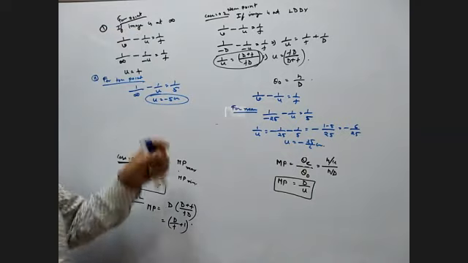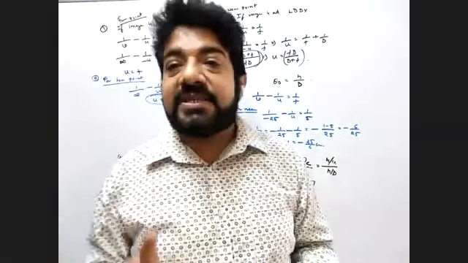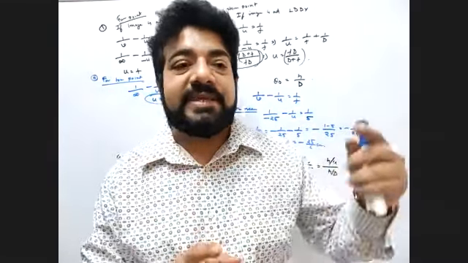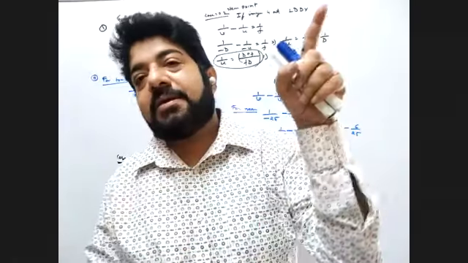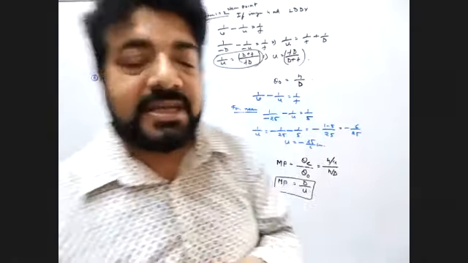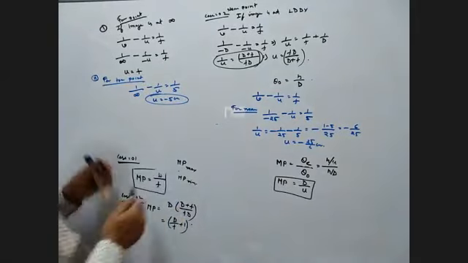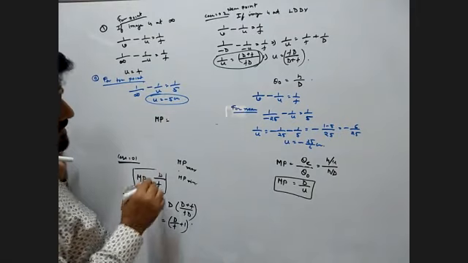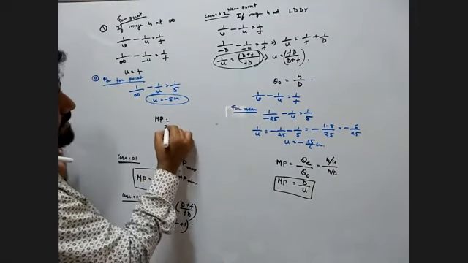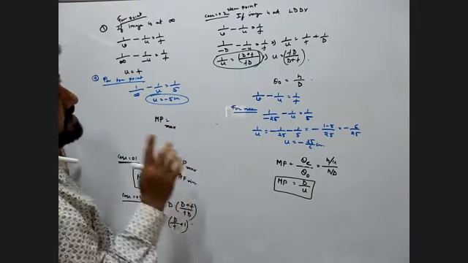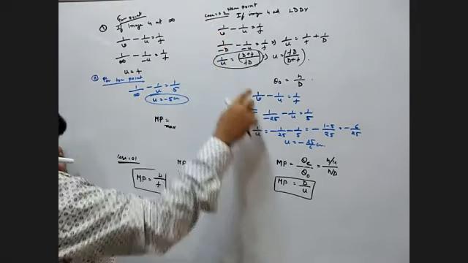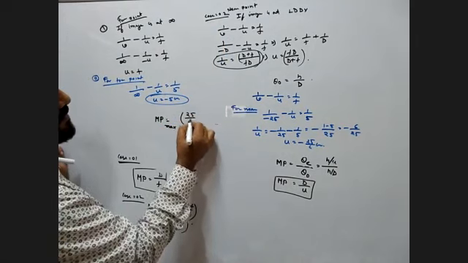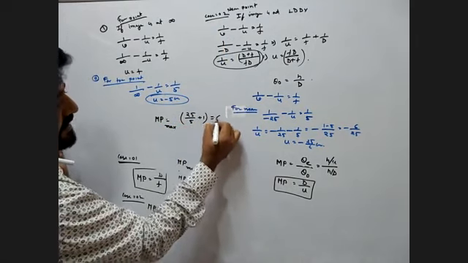When the image is at near point, the eye is at maximum opening, meaning the angle with the eyepiece will be the greatest. So for maximum magnifying power we have to take the near point case, that is D by F plus 1. So D is 25 by 5, plus 1, that is 6.